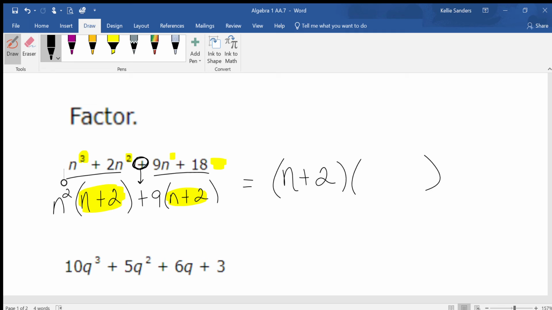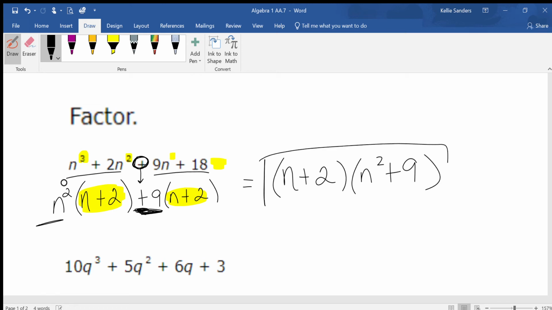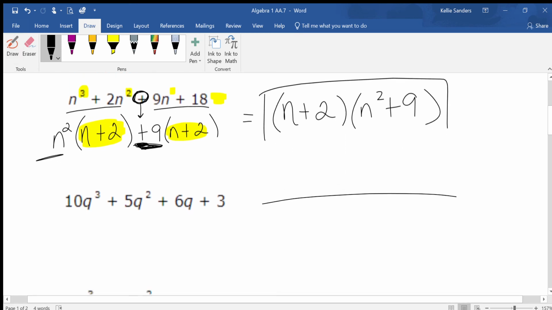It doesn't matter if it's the first one or the second one. And then whatever was taken out goes inside the second parenthesis. And whatever that sign was right here goes along with the 9. So that's how I need to put plus 9. Okay? Not too bad.